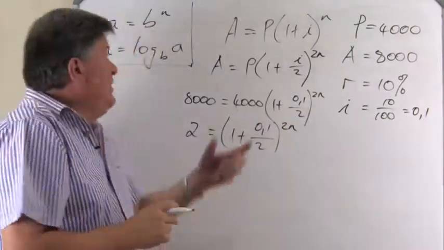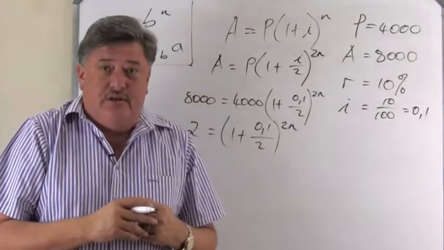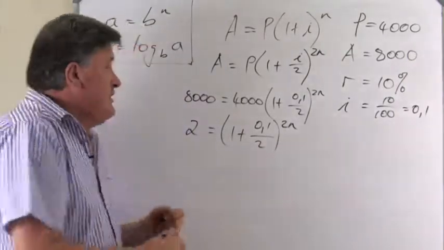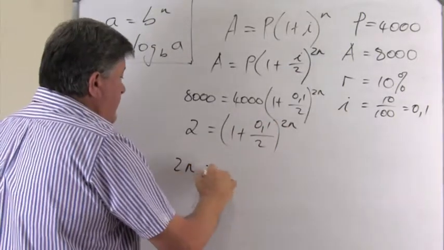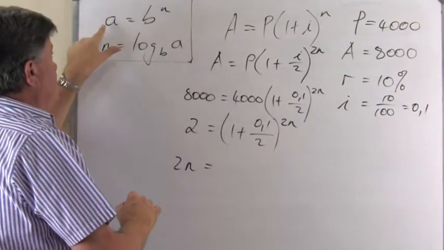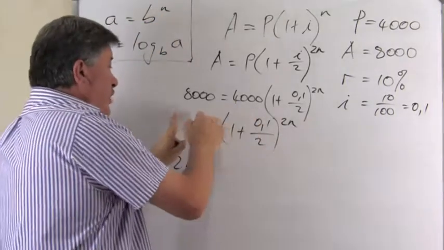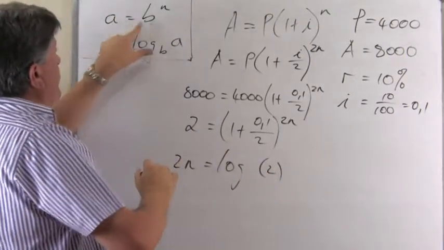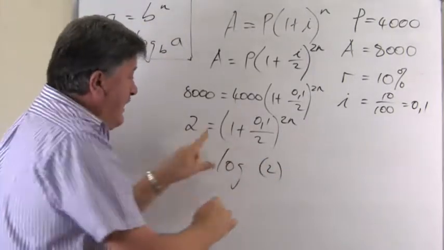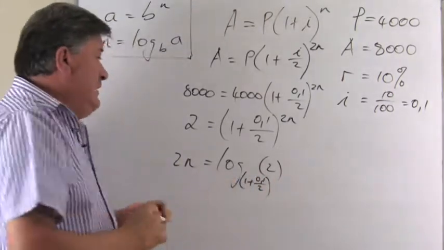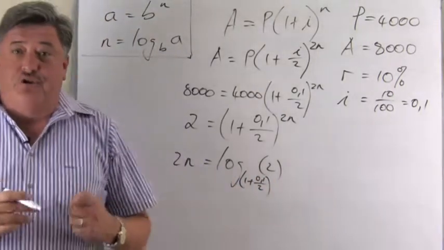Now again, you can use your log definition to change this exponential equation to a log equation. So that means 2n will be equal to the log of 2, with this bracket as our base, 0,1 over 2. And that we're going to put now onto our calculator.